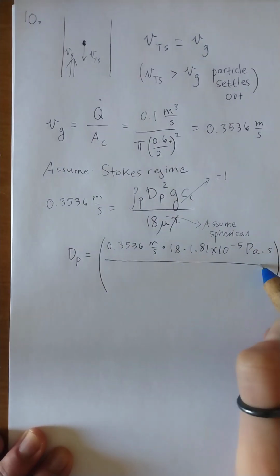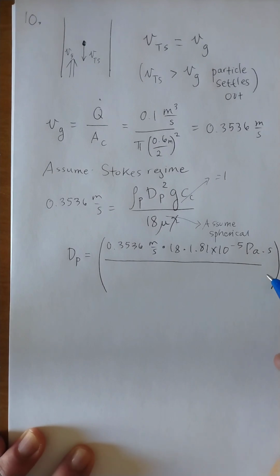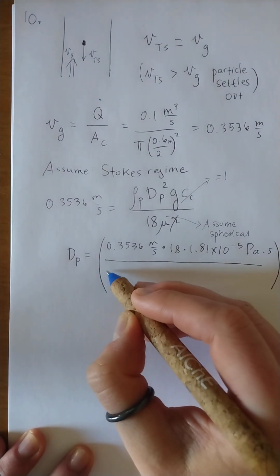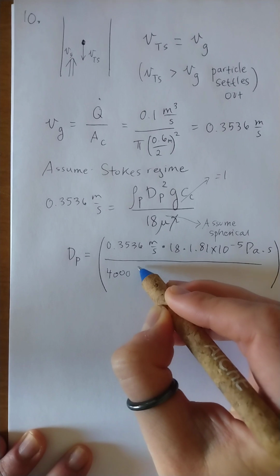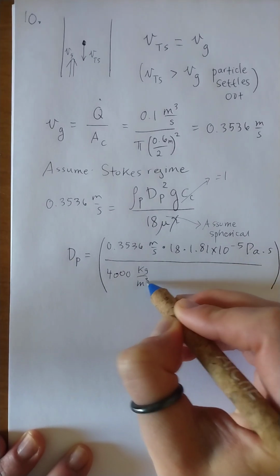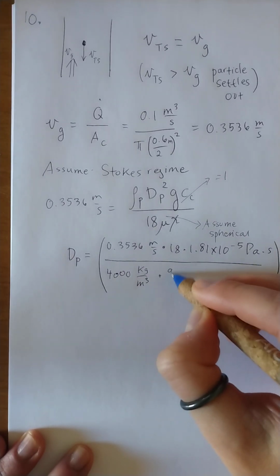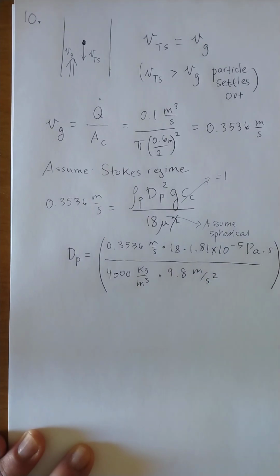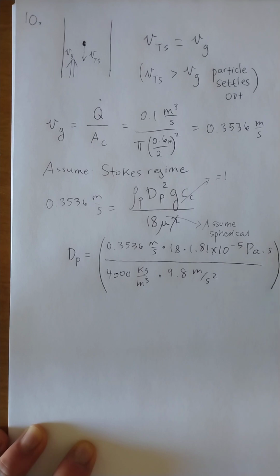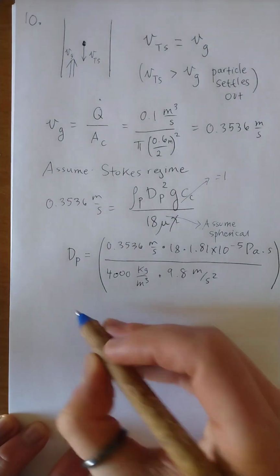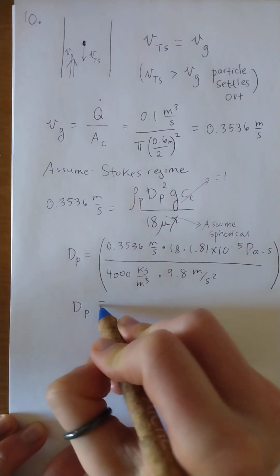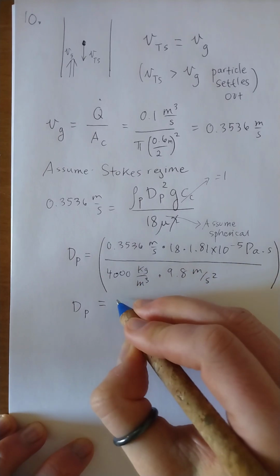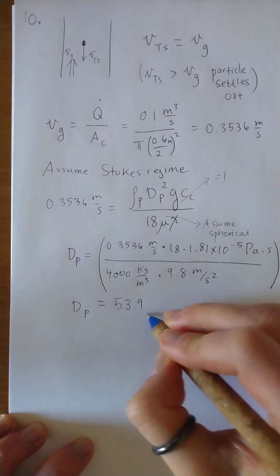Then we're going to divide that by the density of our particles, which is given as 4,000 kilograms per cubic meter, and gravity. And all of this then is to the 1/2. Now if we plug those values in, we get a particle size that's around 53.9 microns.